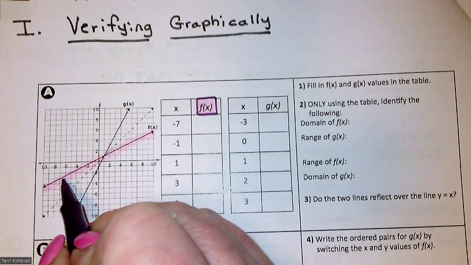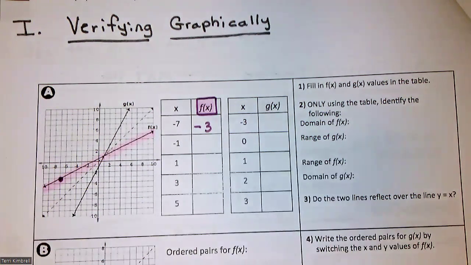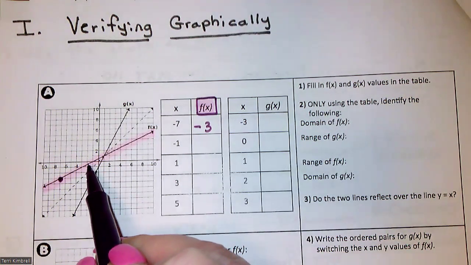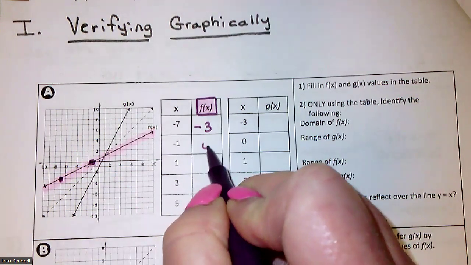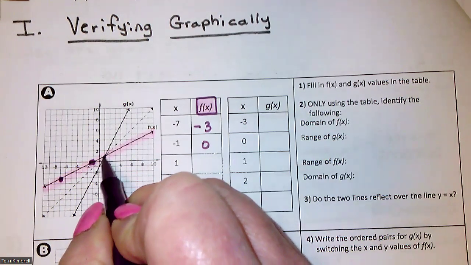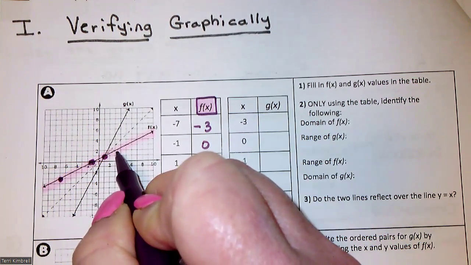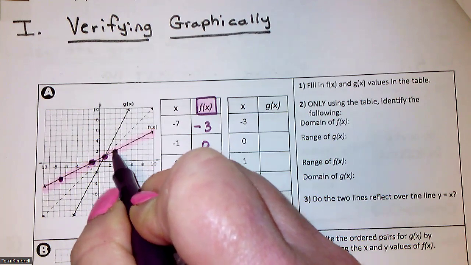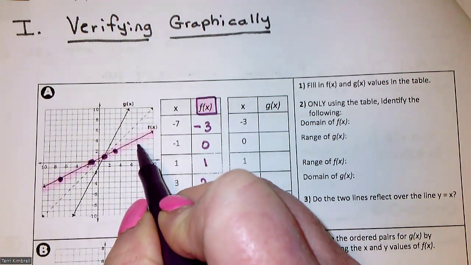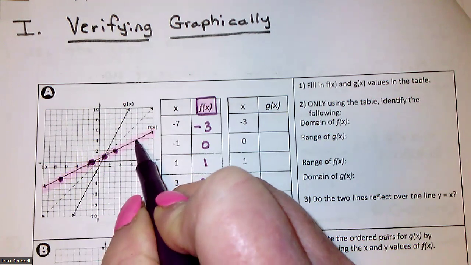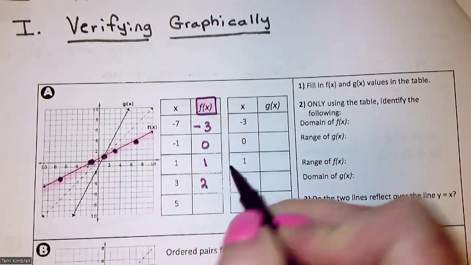So you might have (-7, -3), (-1, 0), (1, 1), (3, 2), and (5, 3).